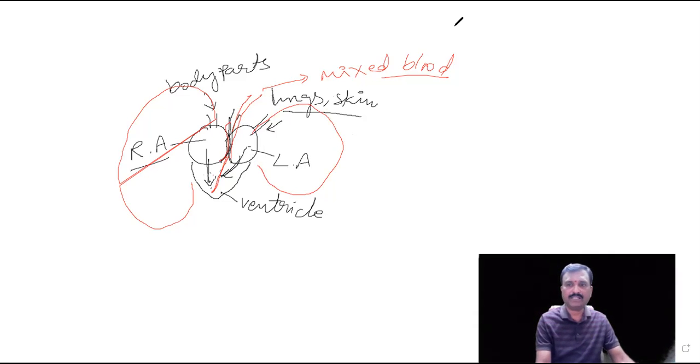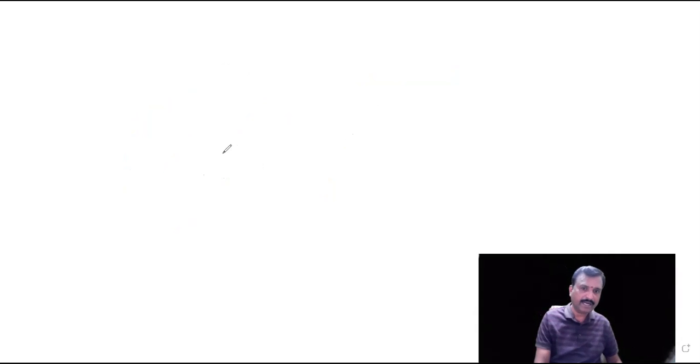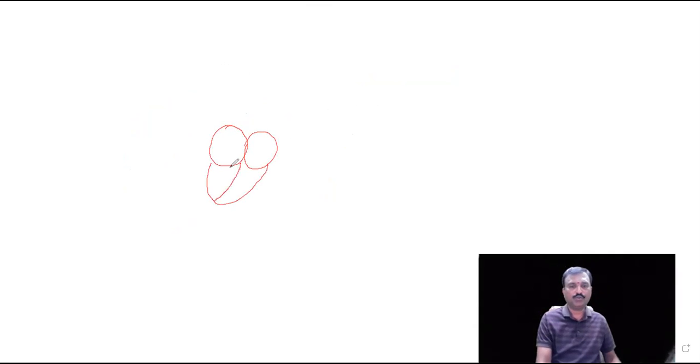Next, let us see birds, mammals and crocodile-like animals. A four-chambered heart is there, with two atria and two ventricles. This is the right atrium, this is the left atrium, and this is the right ventricle, this is the left ventricle.